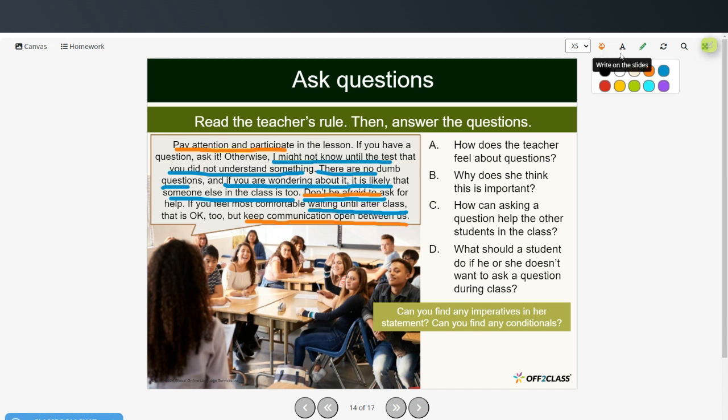Now it asks if we can find some conditionals. Well, here, if you have a question, and this is another imperative here, ask it. Okay, so this would be the zero conditional because you have an if clause followed by the imperative.